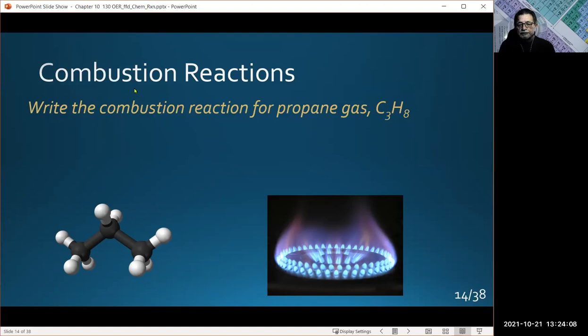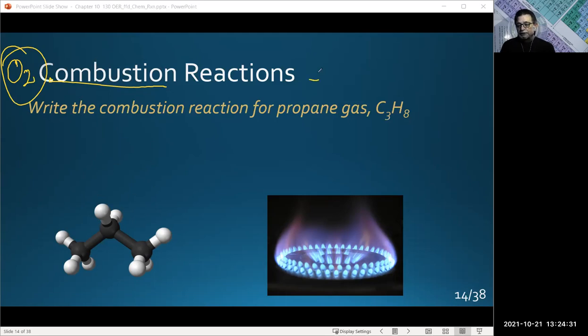The wording may be, write the balanced chemical equation for the combustion of this hydrocarbon, C3H8. No problem. It's a combustion reaction. We're going to note that. That tells me that somewhere I'm going to use O2 because I need to burn something, right?